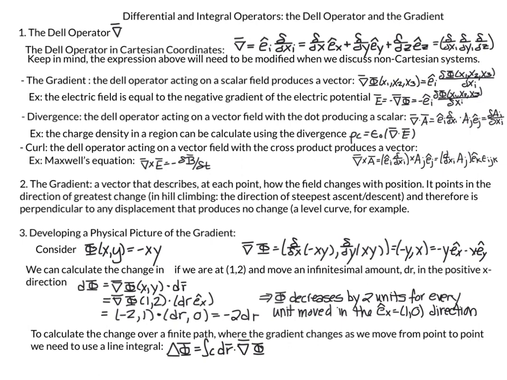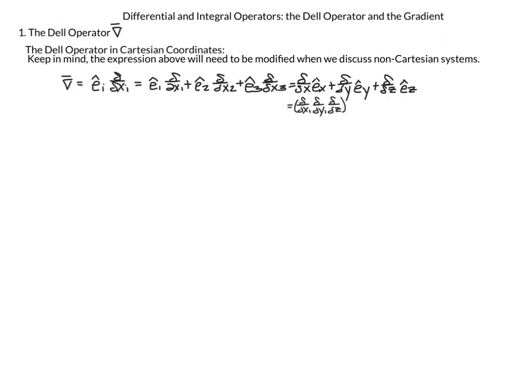That wraps up our overview, so now we're ready to go into details about the Del operator. As I had mentioned, the Del operator is notated with this upside down triangle with the bar to indicate that it does represent a vector. And we define the Del operator as the ith basis vector times the partial derivative with respect to x sub i.